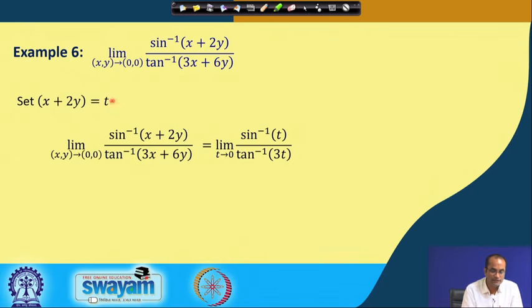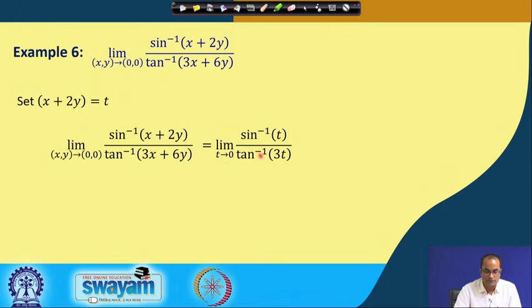We are not fixing the path again, but we have substituted this relation x plus 2y, which appears everywhere in this function. Here it was x plus 2y and again the same functionality with 3 times x plus 2y, which we have replaced by t. So it becomes 3 times t, and now we have changed the problem to a limit of a single variable, which we can compute.